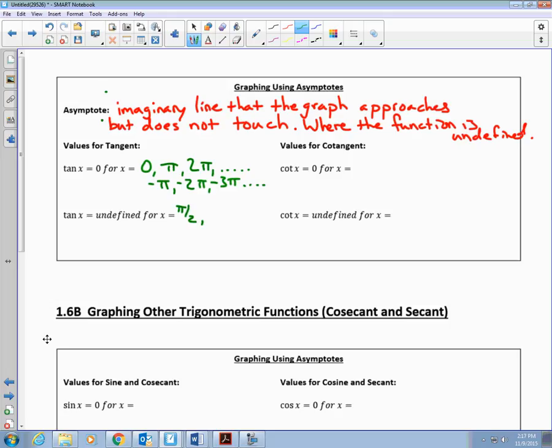Do you know what halfway between 1 pi and 2 pi is? 3 pi over 2. So it's undefined for values that are halfway in between. It'd be 5 pi over 2. And also for the negative ones, negative pi over 2, negative 3 pi over 2, and so on and so forth.